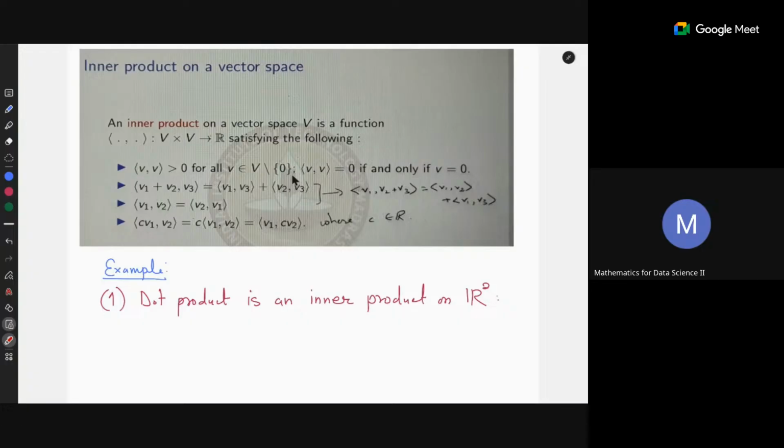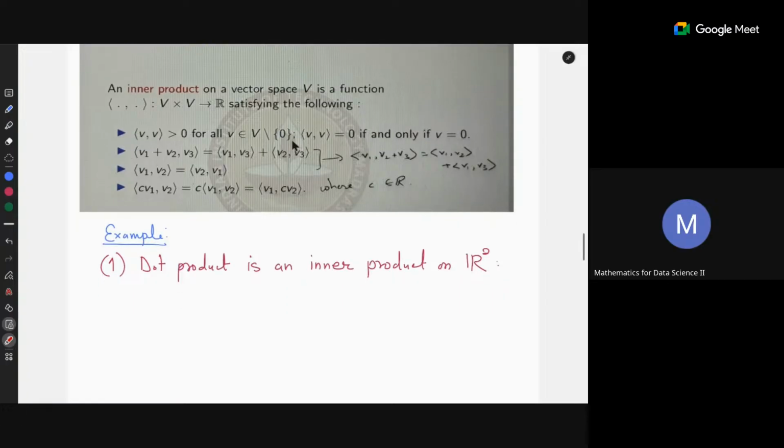So we have already seen an example of inner product space, the dot product on R. Now let's check whether this dot product satisfies all these conditions to be qualified as an inner product or not. Can you guys quickly check all these properties? The first property says that it is always positive.